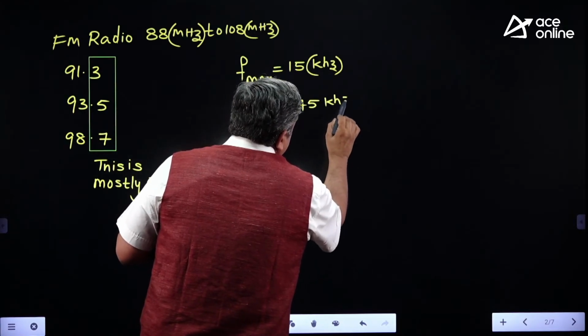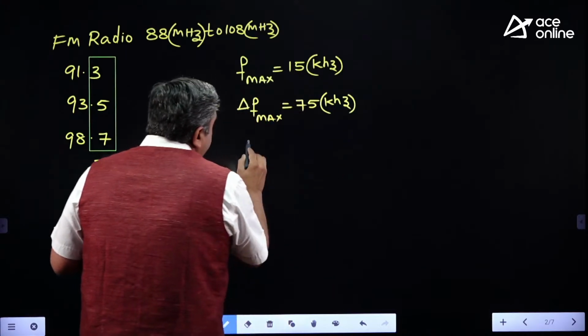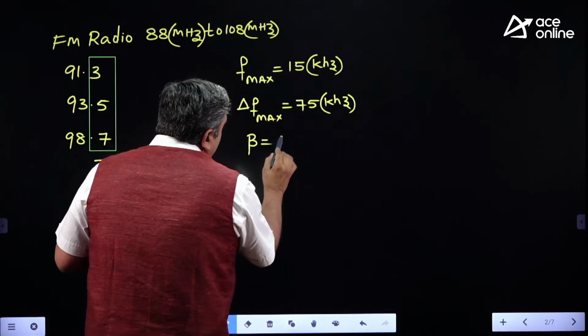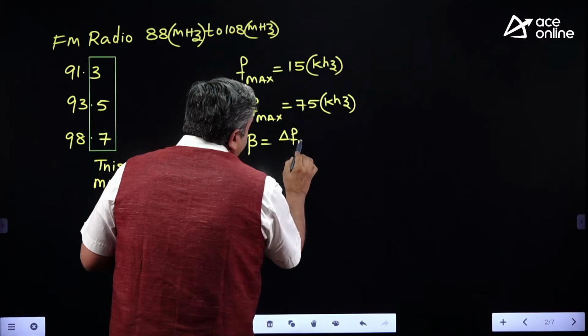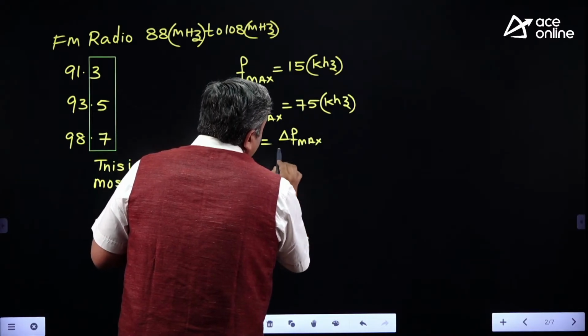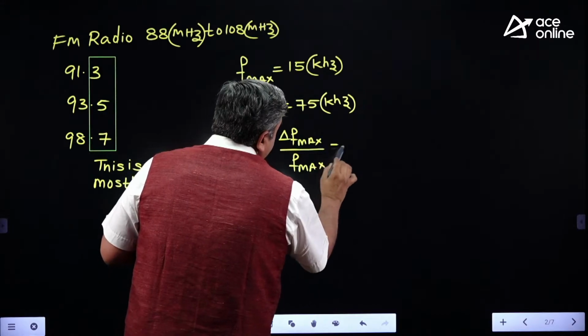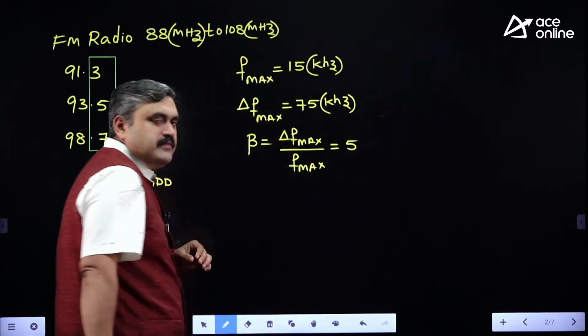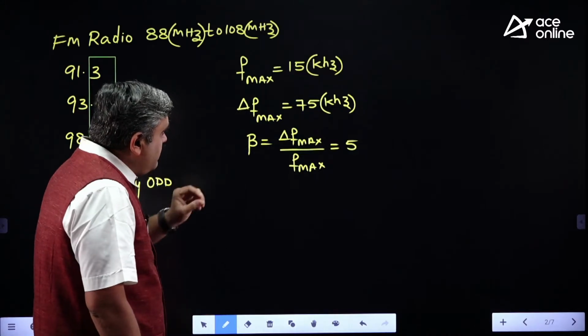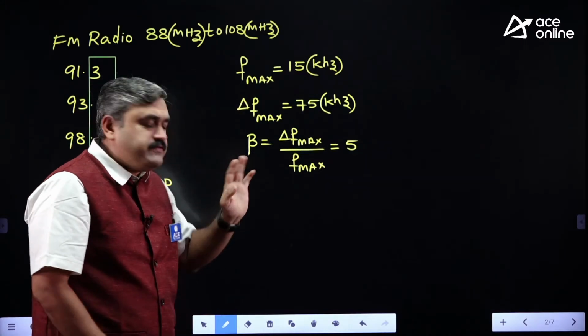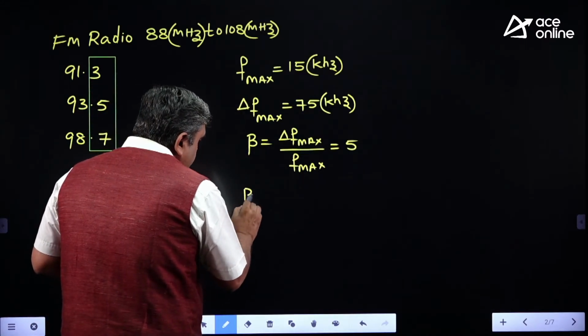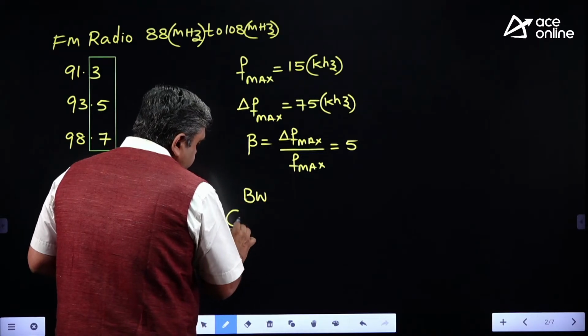These are standard specifications. So obviously, the modulation index beta in case of FM, delta f max by f max, comes out to be 5. Is it correct or not? 75 by 15.